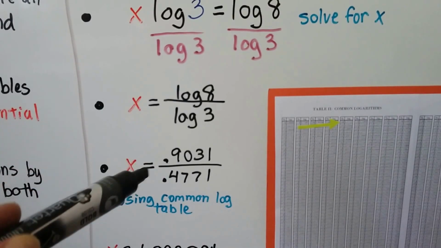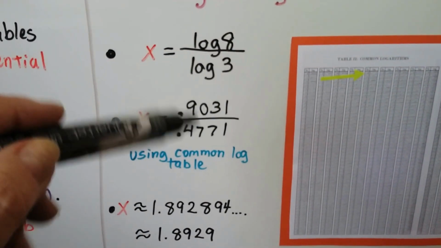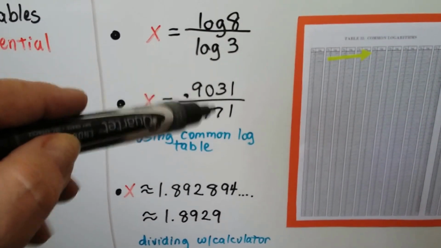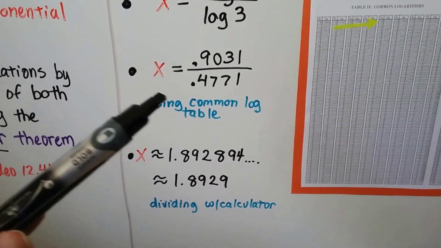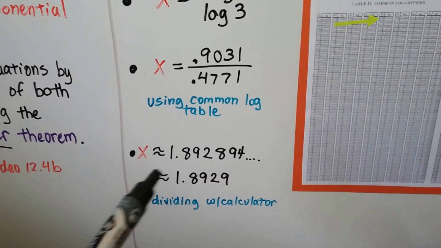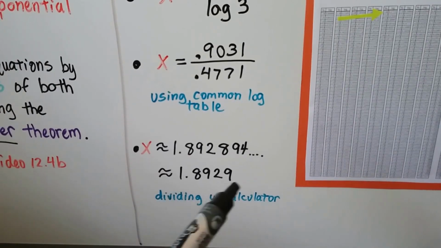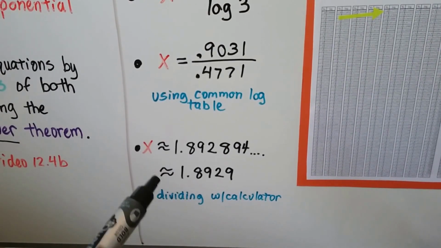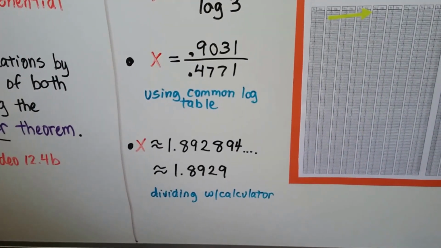You hit log 3, you get this. You round it to the 4 important place values. Fractions are little division problems, aren't they? So we're going to divide this. So just put 0.9031 divided by 0.4771, and we get a long, nice decimal. We're going to round it to the important 4 place values, and we get approximately 1.8929 for x. All right?